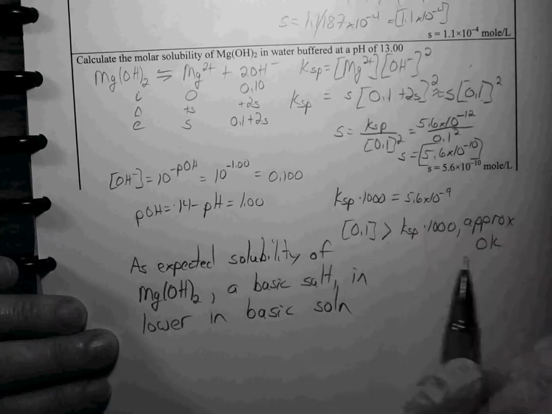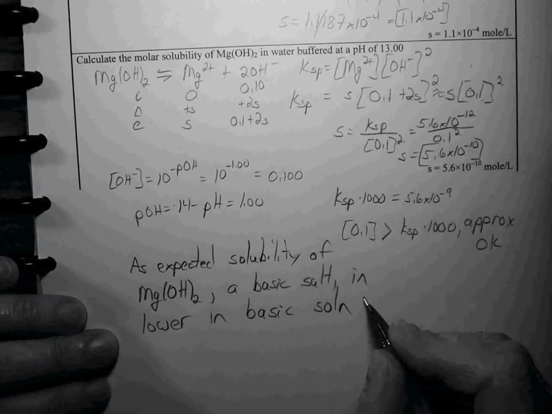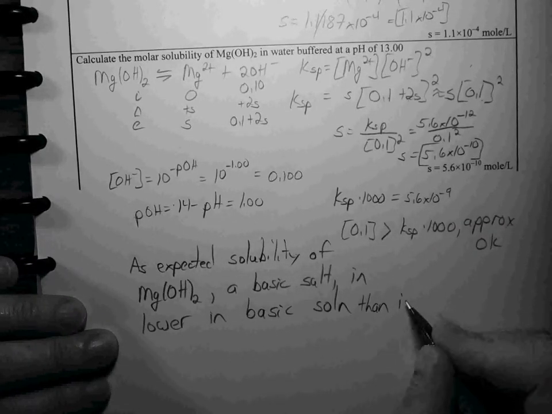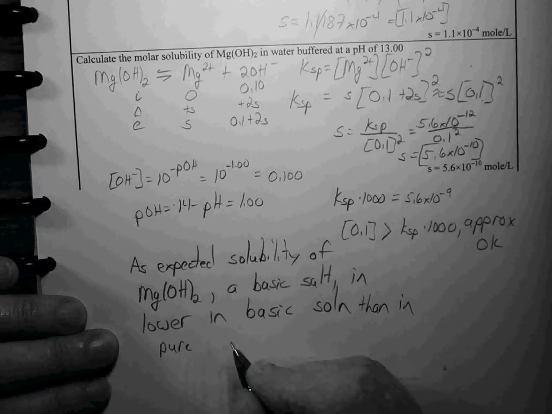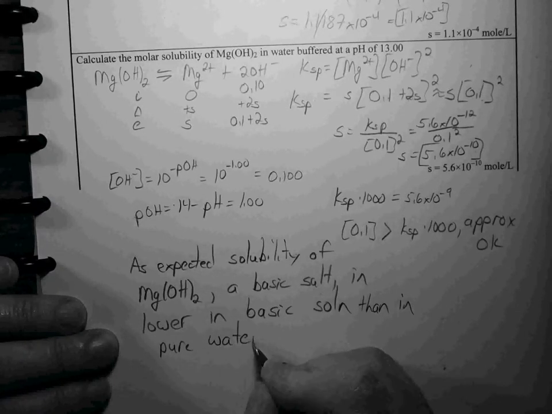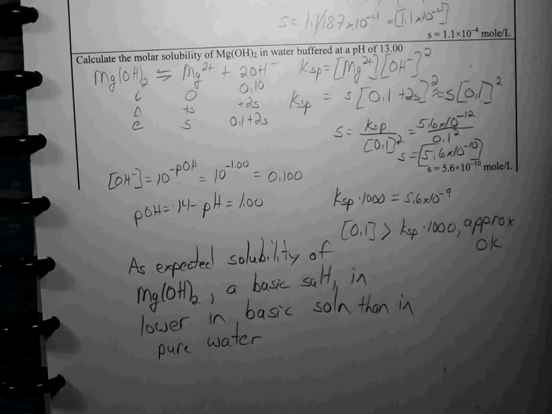A pH of 13 certainly qualifies as basic solution than in pure water. Remember, this is a general result for basic salts. They're going to be less soluble in basic solution than pure water.